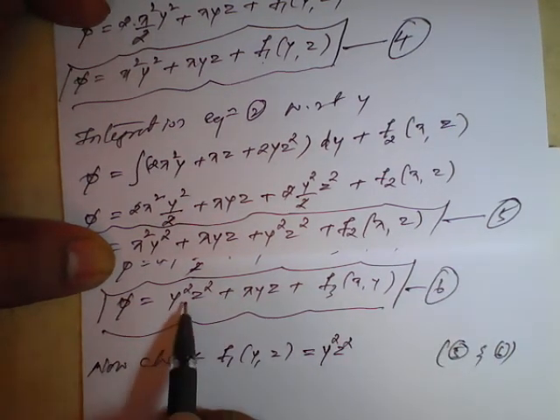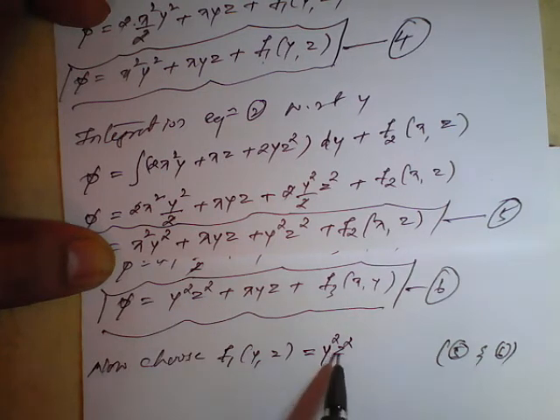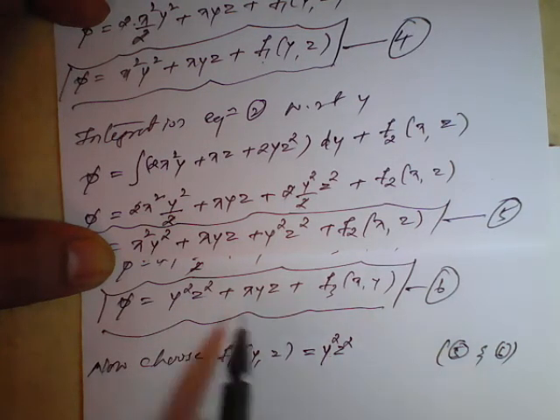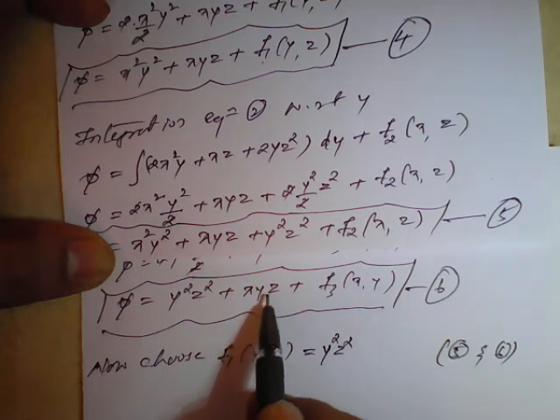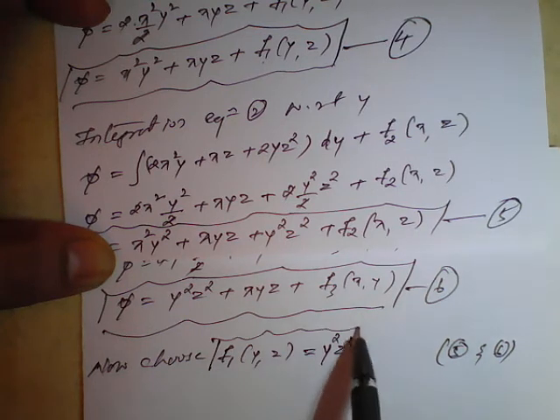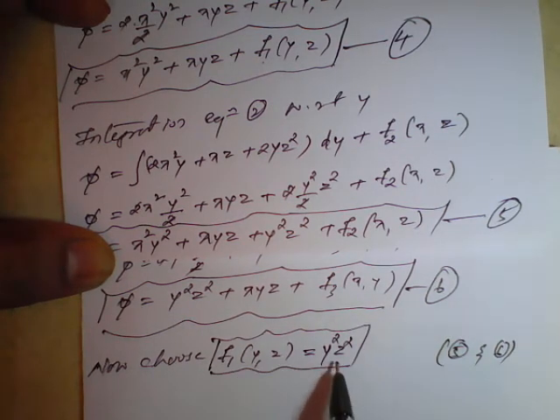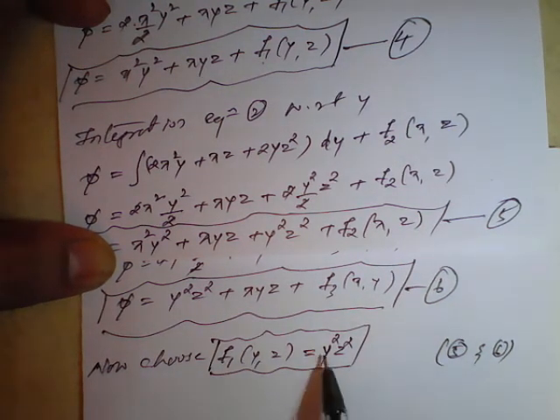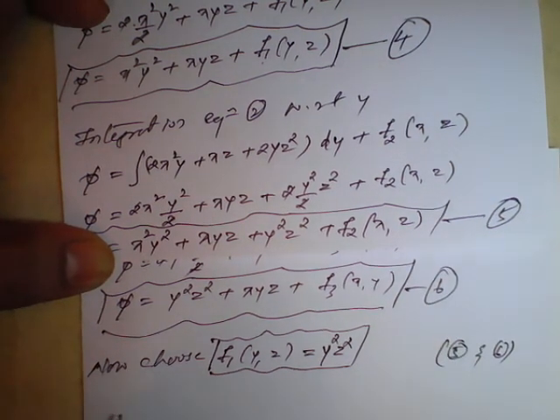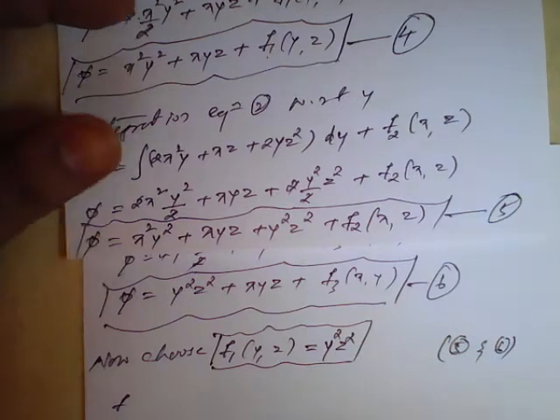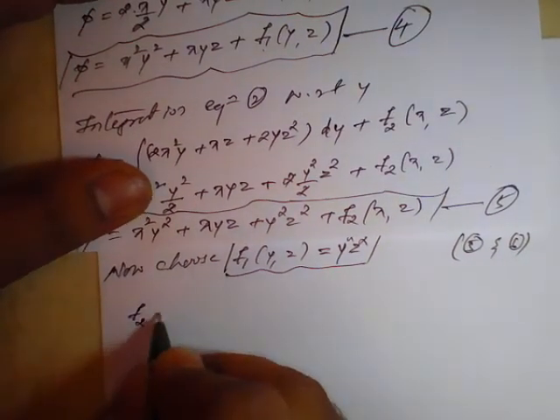Coming to equation number 6, y square z square is already repeated, no need to carry that one. Also there is no other term free from x. So that's why the value of f1 of yz, free from x, is y square z square.